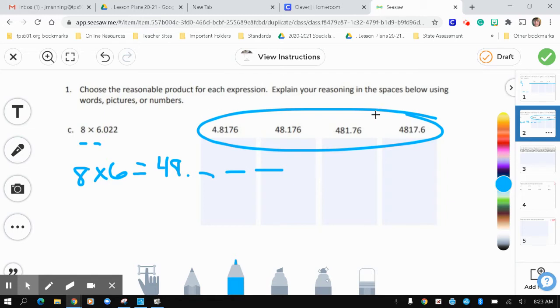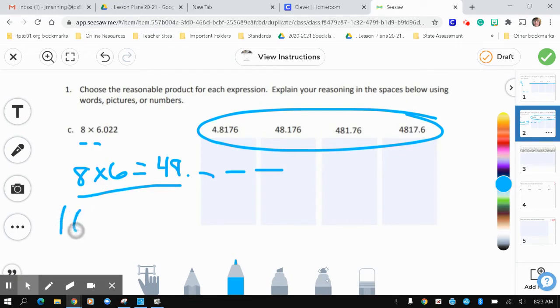And so when you're explaining your reasoning, I've modeled how you would explain. You could even just write here under whichever answer you think it is, because they have 3 decimals behind the decimal. But you can't skip this step, because sometimes our whole numbers matter.